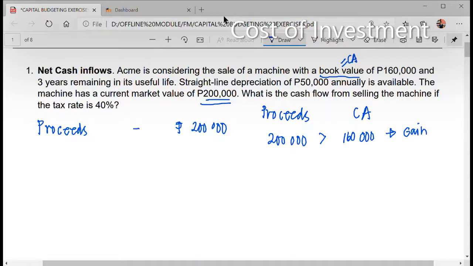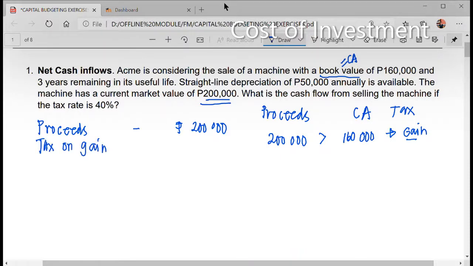And what is the treatment of the gain? Remember, it is not the gain that we include, but the tax on the gain will be computed and that will be adjusted in your proceeds. Since this is a gain, your tax would be a deduction. So you have tax on gain.